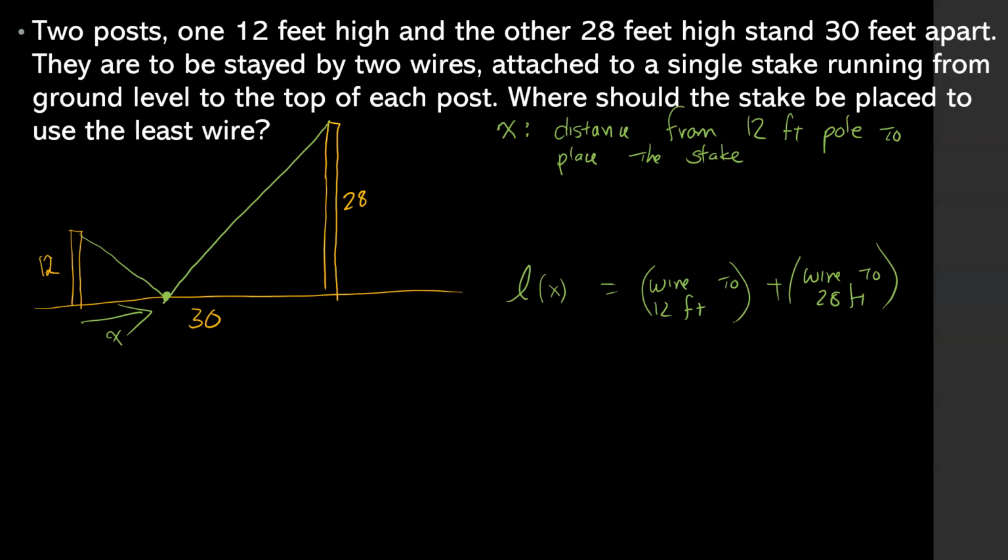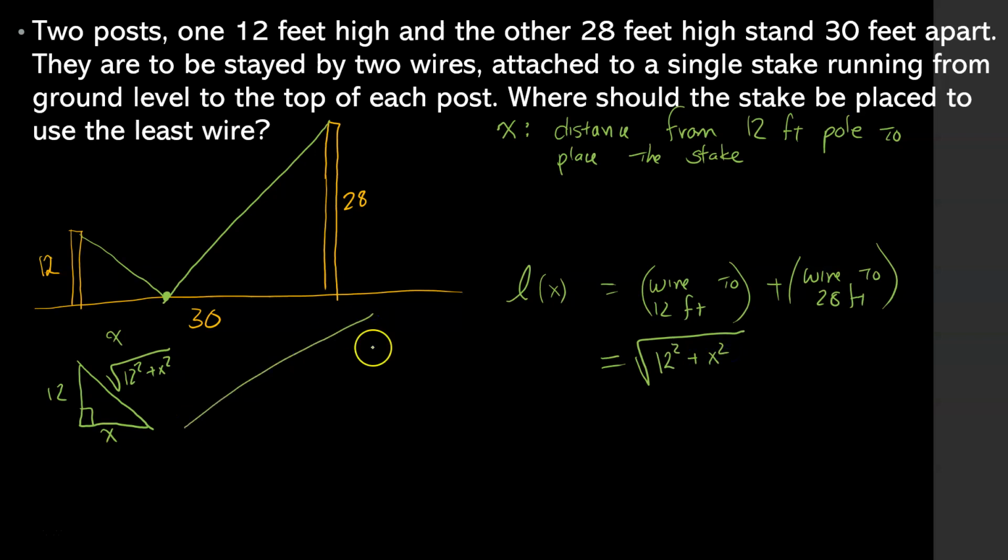Okay, so do you see two right triangles? I hope you do. One right triangle over here has a side length 12, a side length x, and this side is the square root of 12 squared plus x squared. That's actually the length of the wire to the 12-foot pole. Ooh, ugly one.